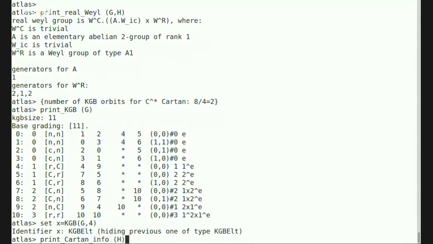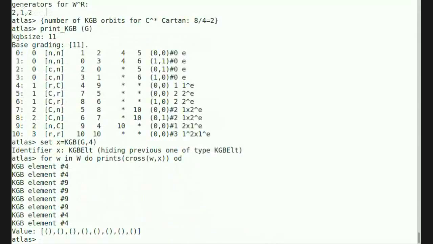And let's do this thing where we act on it by the Weil group. I'm doing this to X now. So this says that if you start with element 4, the order of the stabilizer is 4 elements.